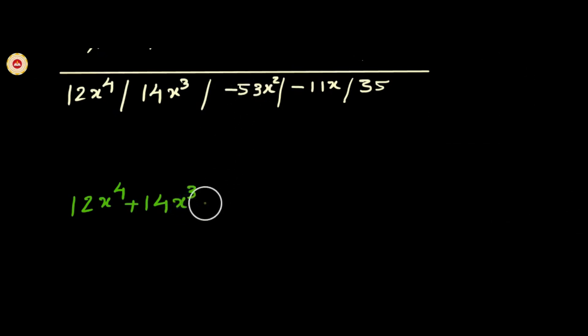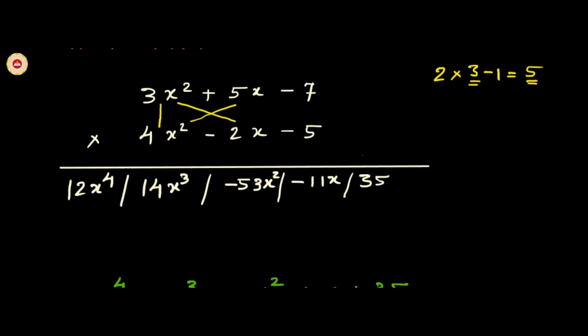This term is negative, so minus 53x squared. This term is also negative, minus 11x. Now this term is positive, plus 35. Correct? 12x to the power 4 plus 14x cube minus 53x squared minus 11x plus 35 is the answer, right?